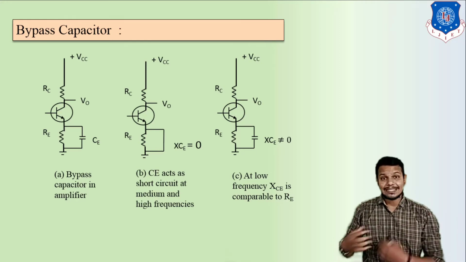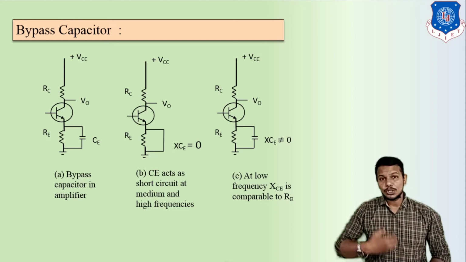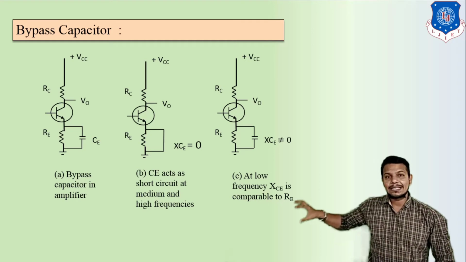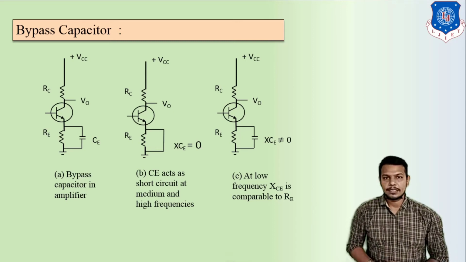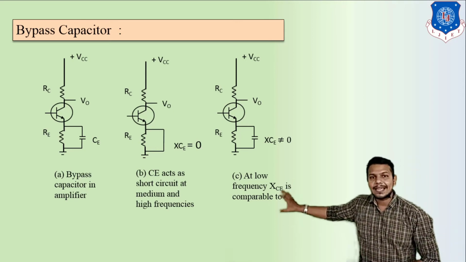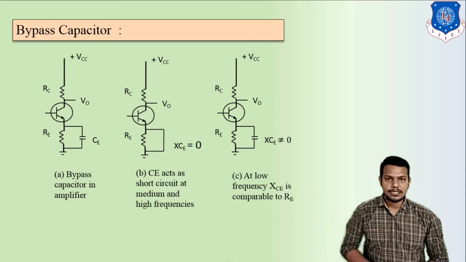Because we already discussed earlier that XC is equal to 1 upon 2 pi fC. When you increase the frequency, XC is inversely proportional to the frequency. So we can say here CE is short circuited at medium and high frequency.